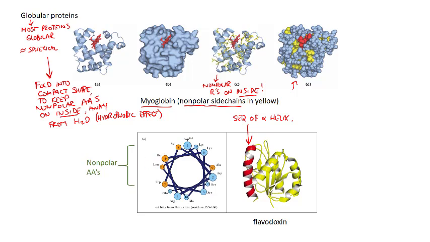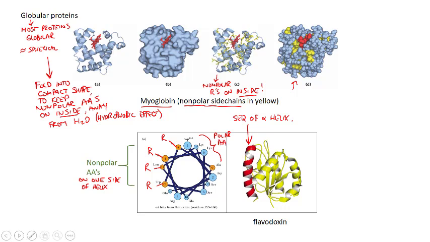You would notice that in orange are these nonpolar amino acids. Yes, there's one on the other side, alanine. Don't worry about that. So we have nonpolar amino acids on one side of the helix, and on the other side, we have mostly polar or charged amino acids.